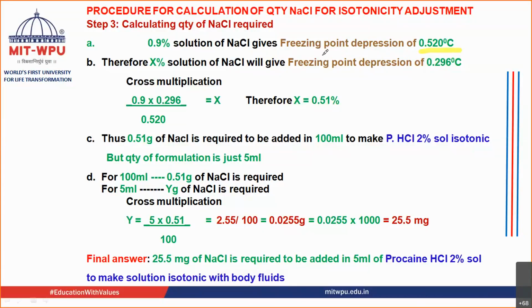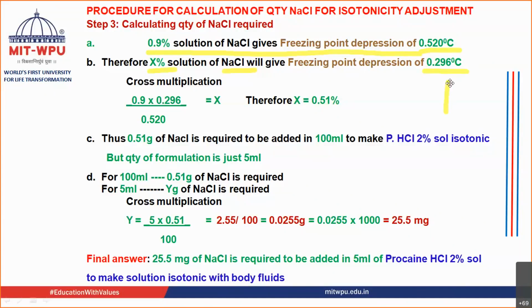Am I clear? So this sentence you have to remember again, that 0.9% NaCl solution gives you freezing point depression of 0.520. So how much percent of solution, if you add, is going to give you freezing point depression of 0.296?